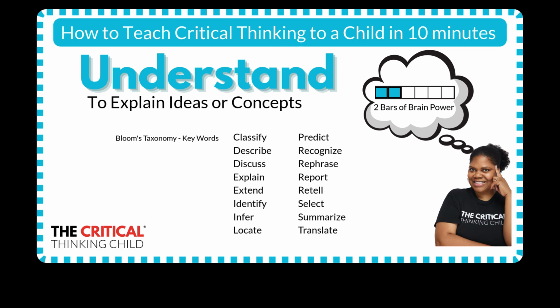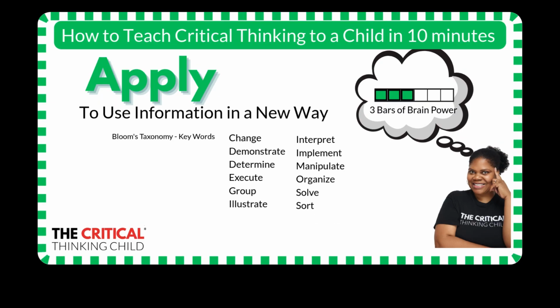Then when we apply it, now it's time to apply in a new way. You're getting higher with your critical thinking skills, getting to that critical thinking level by application, and that means doing things that require you to manipulate, to organize, to sort, and to solve, right? So classification, putting things into buckets. I may say, now it's time for you to apply those alphabets, sort them by vowels and sort them by consonants.